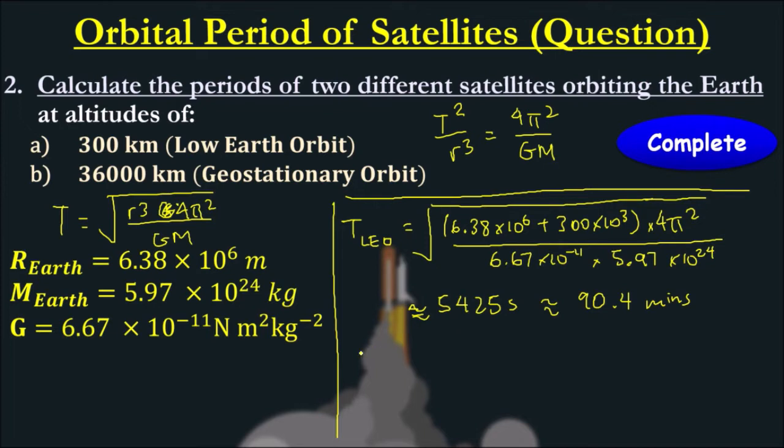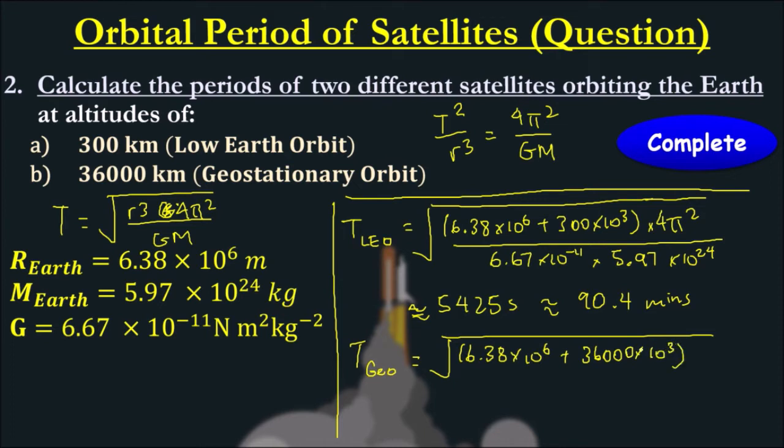So that's pretty fast. If we look at our geo orbit, or geostationary orbit, again, write in your substituted values. Remember to convert the kilometers into meters. And the constants will stay the same for this one.